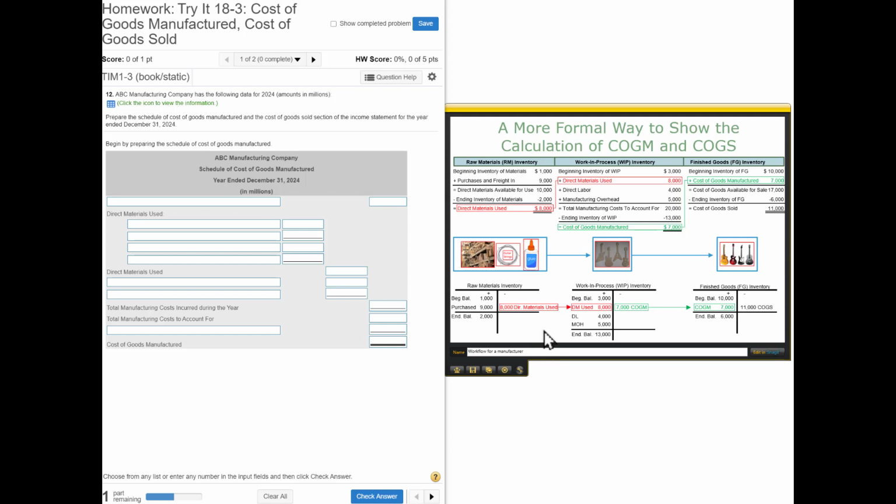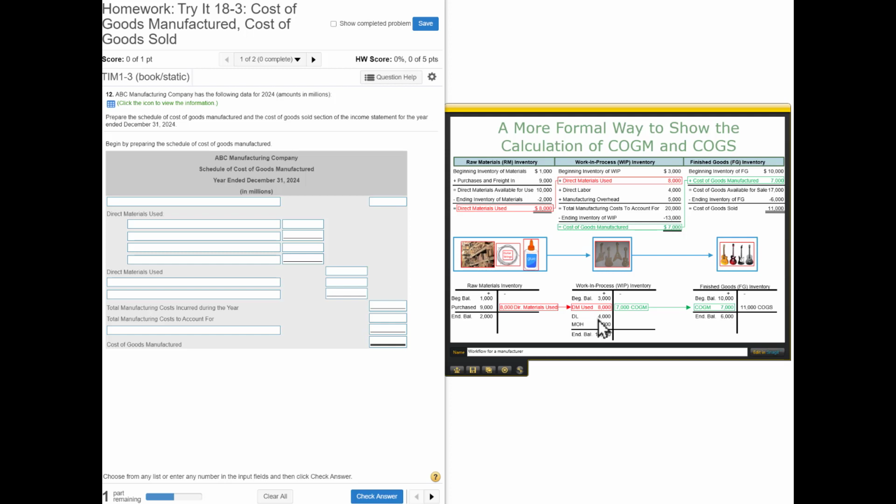And then when we start a guitar, we take raw materials out, we lower the account, and it goes into the work in process inventory account, also known as WIP. These direct materials costs are combined with direct labor costs and manufacturing overhead.